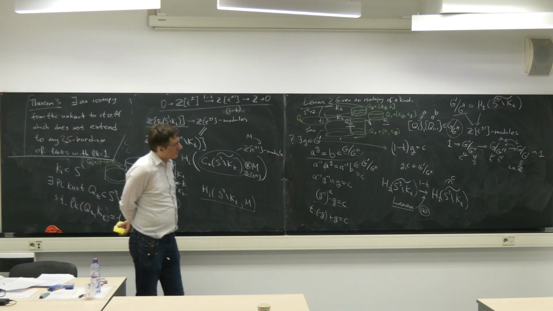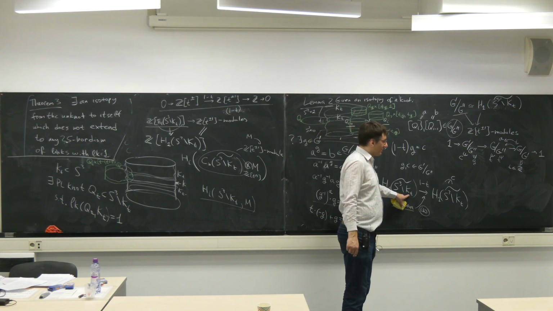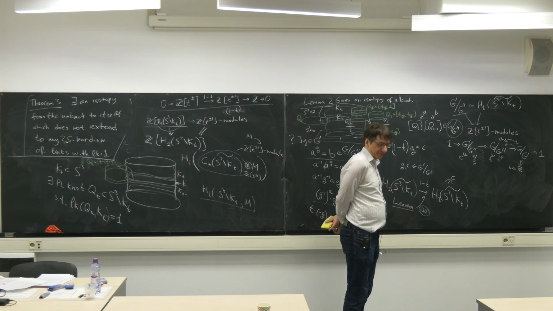No, I don't think that, well, first of all, this is a wild knot, and it doesn't have the Alexander polynomial. But if it is a tame knot, then I don't think that this is why is this? I don't understand. So you are saying that the matrix of this map is related to the Alexander polynomial?